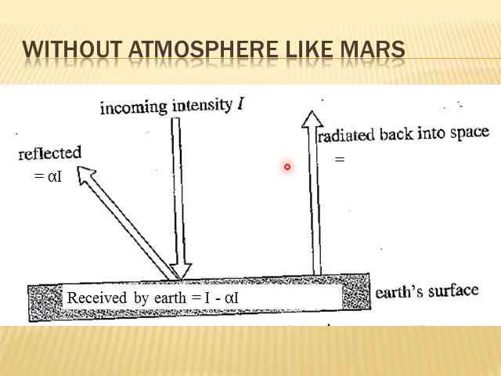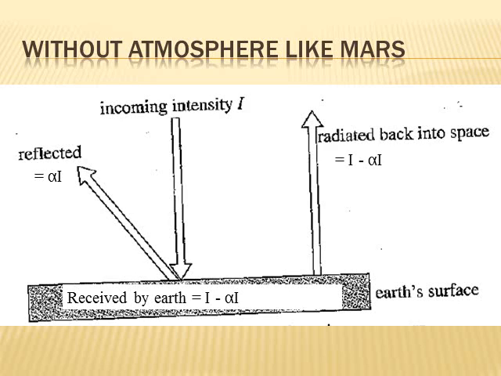It's got to spit out as much as it receives, so the amount radiated is also I minus alpha I. That's a quick way to look at how much energy is coming in versus going out. The amount coming out should equal the amount coming in if it's going to stay at a constant temperature.